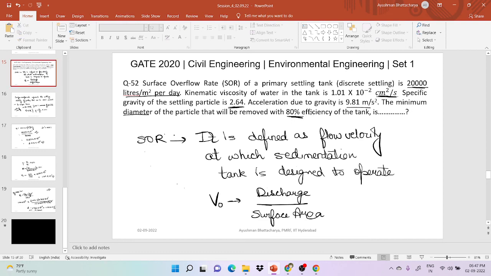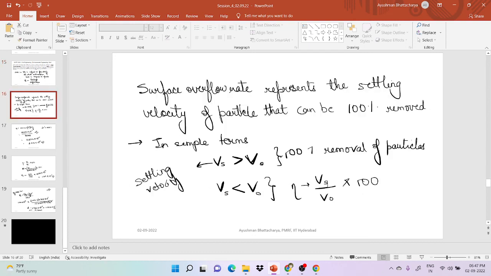Before finding that out, we should know the concept of surface overflow rate. As I have mentioned, surface overflow rate is nothing but the flow velocity at which a sedimentation tank is designed to operate. Its formula is discharge by surface area. Surface overflow rate represents the settling velocity of particles that can be 100% removed.